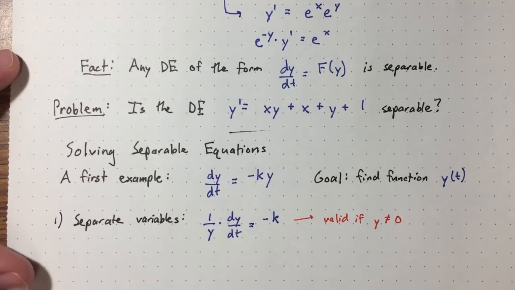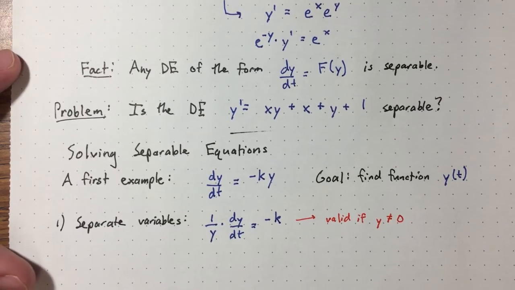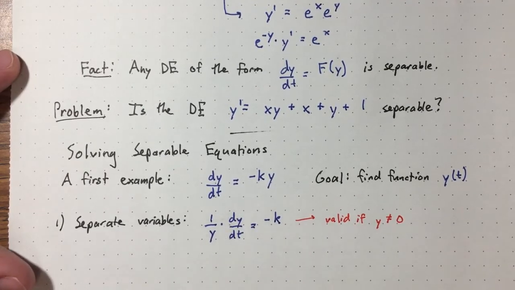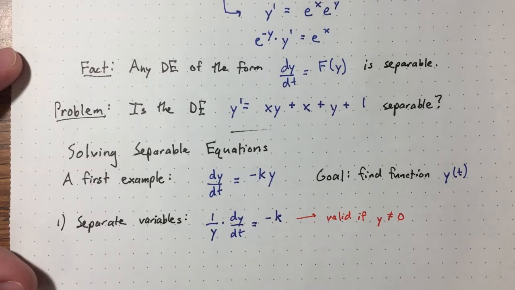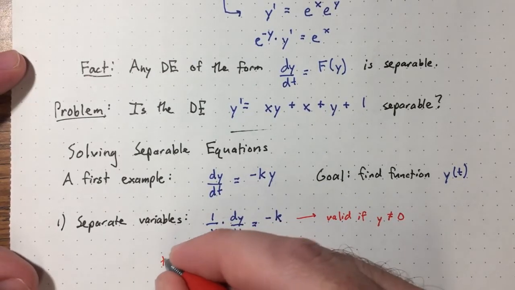Doesn't this look like the answer to a chain rule derivative problem? So if we have a function of y and we take its derivative with respect to t, we're always going to end up multiplying by this dy/dt at the end, by the chain rule.